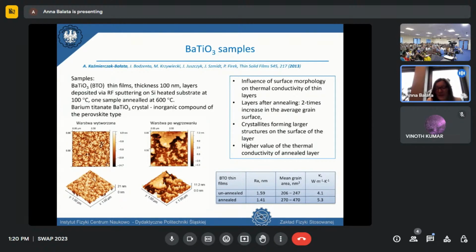The thermal conductivity was a little higher for the annealed layer compared to the as deposited one. And also the changes in morphology were very significant. After annealing, the roughness of the surface decreased and the mean grain size area was almost doubled.